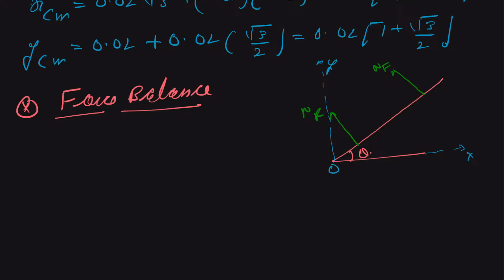And we have mg in the downward direction, so we can divide this mg into two components, angle theta, so we have mg cos of theta, and mg sine of theta.